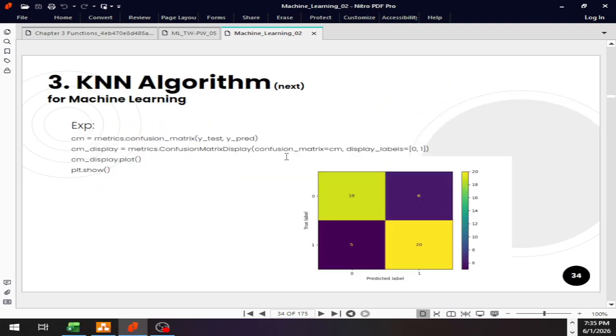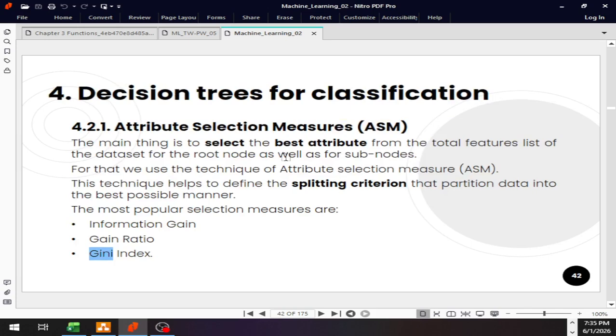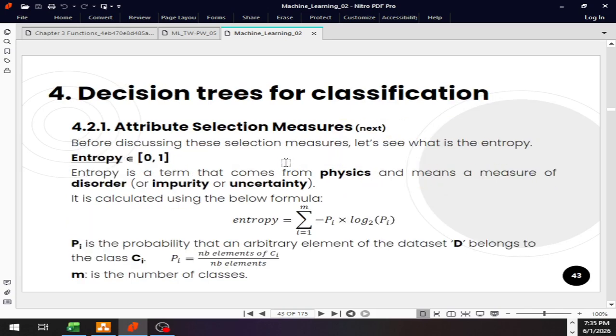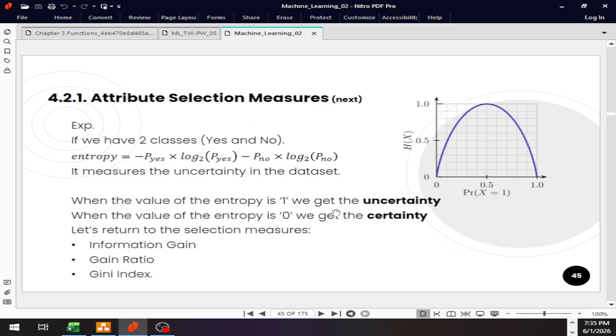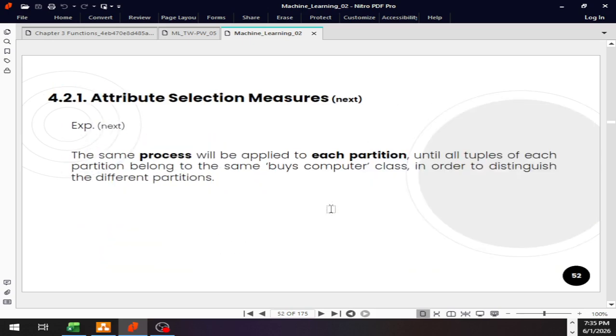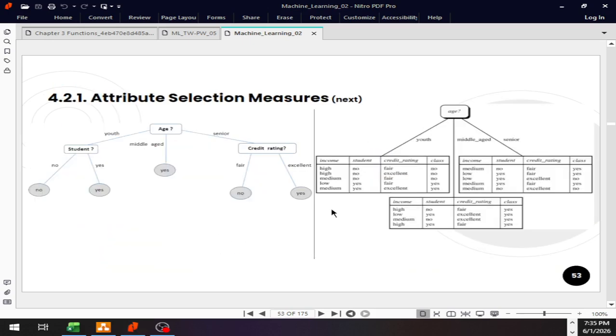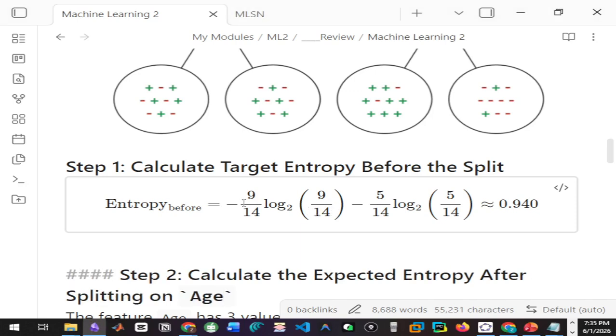So we can call it the before, or more technically speaking the root dataset.